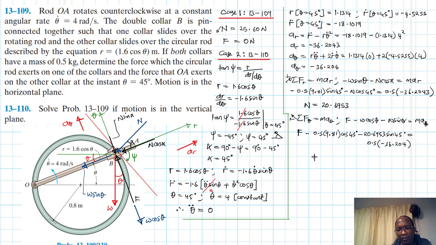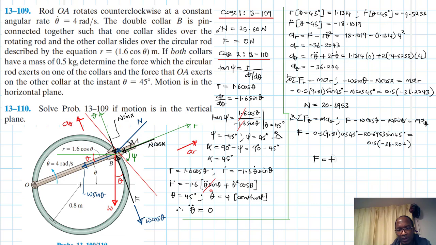Then F in our case will just be equal to minus 0.5 times 36.204, plus 20.6953 sine 45, plus 0.5 times 9.81 cos 45.